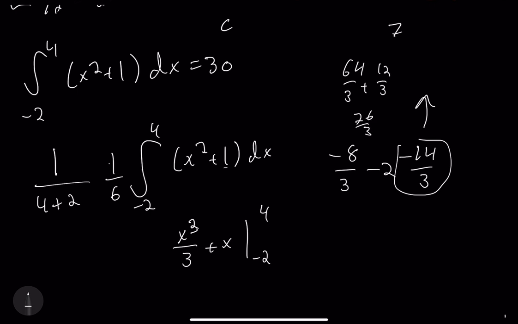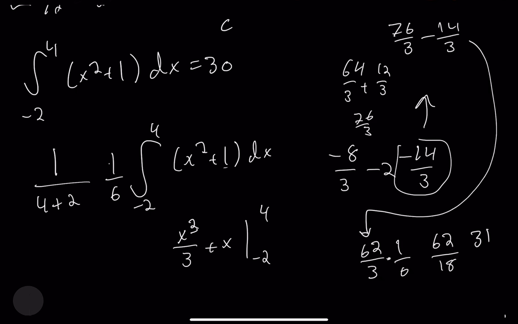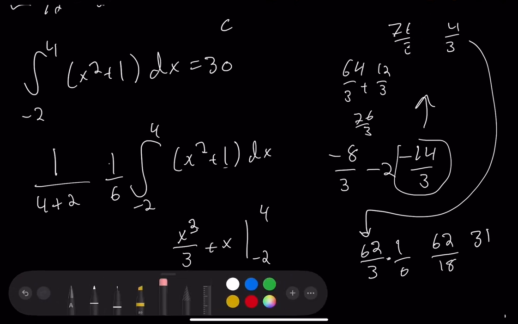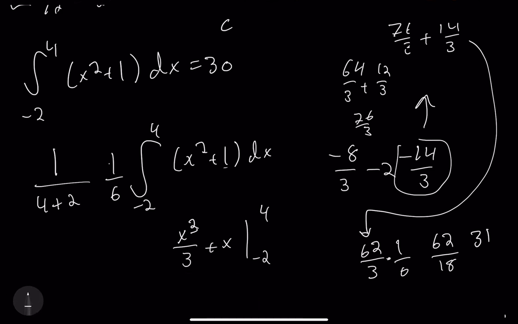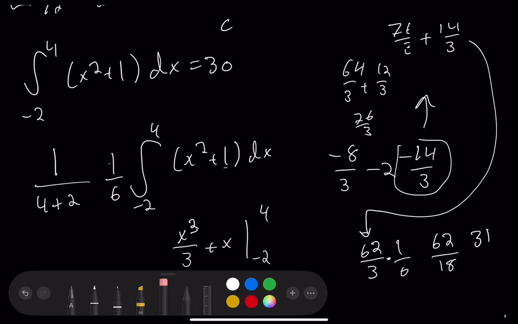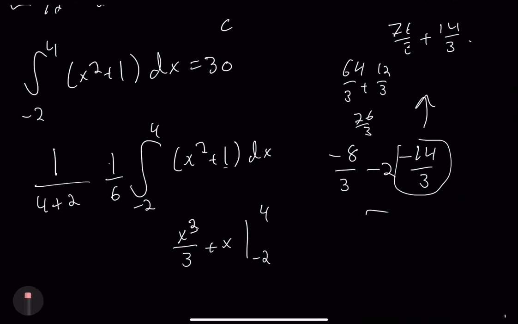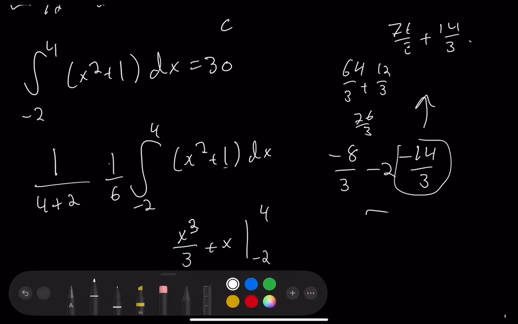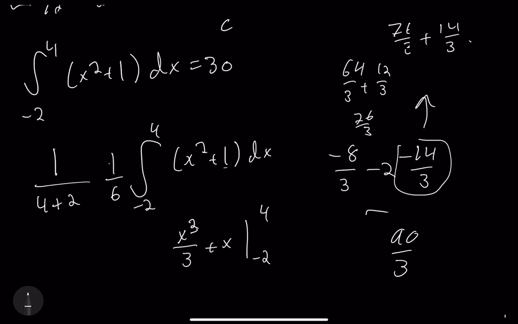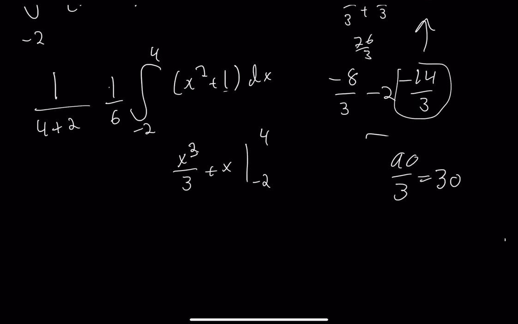So you have 76 over 3 minus -14 over 3, oh my bad, plus 14 over 3, which gives you 90 over 3, which equals 30.